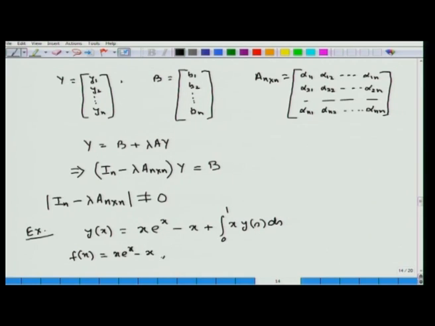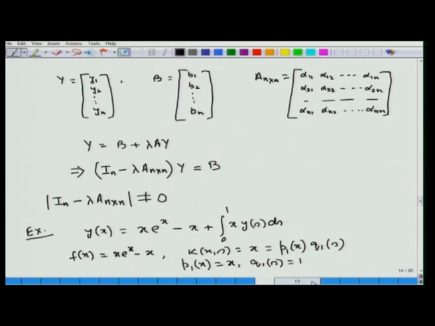Now, the kernel k(x, s) is equal to x. Therefore, as per our notation, this is p_1(x) q_1(s), where p_1(x) is equal to x and q_1(s) is equal to 1.